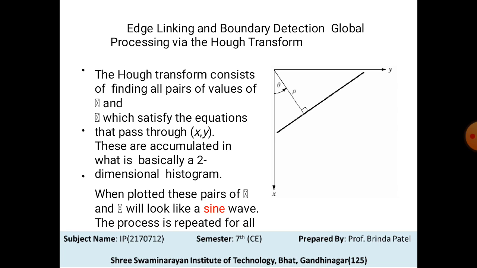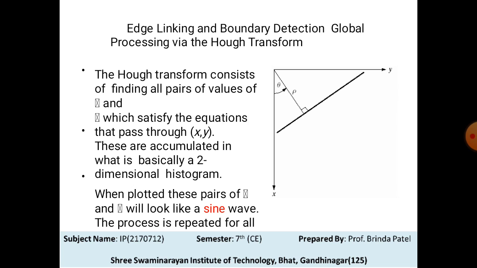Here the Hough transform consists of finding all pairs of values rho and theta which satisfy the equation and pass through x, y. These are accumulated in what is basically a two-dimensional histogram. We plot these pairs of rho and theta like a sine wave for all points. Hough proposed an alternative approach, commonly referred to as the Hough transform.